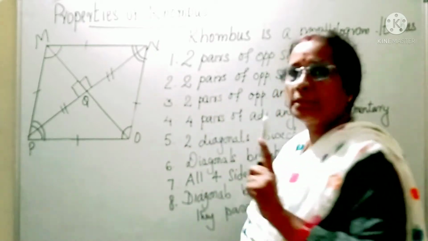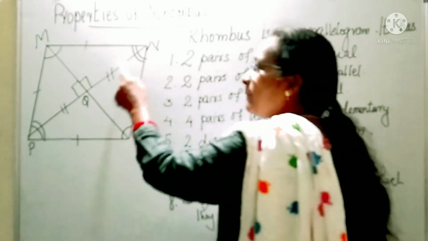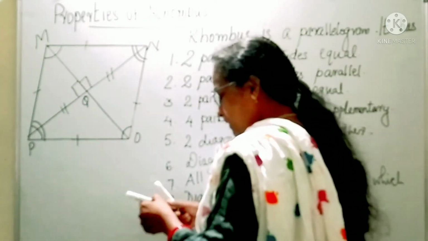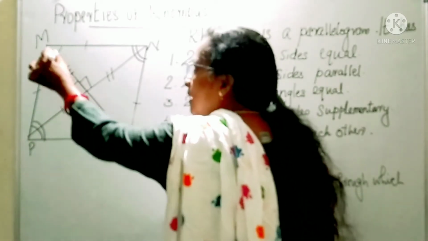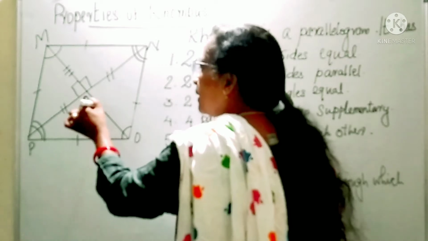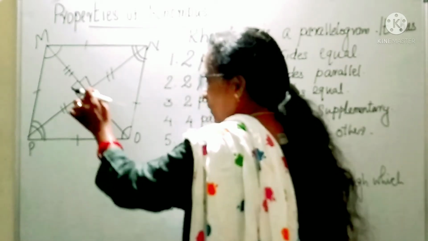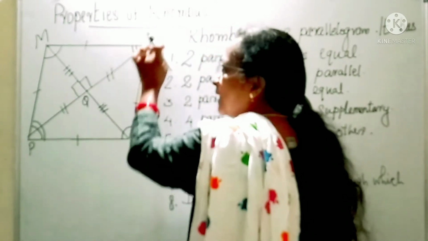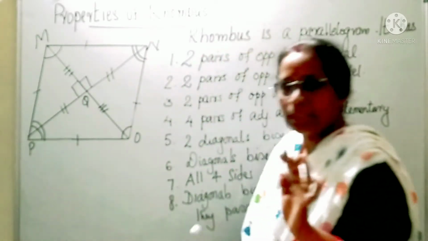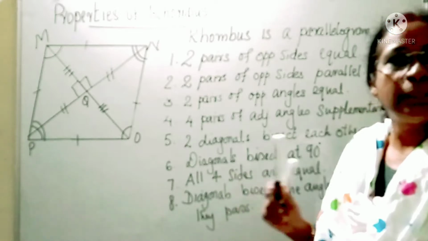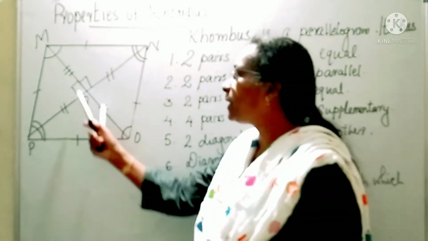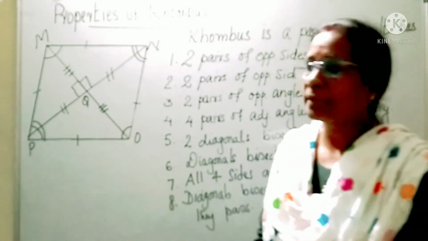But for a rhombus, the speciality is that when they bisect each other, MQ will be equal to QO and QN will be equal to QP. This is compulsory. But in a rhombus, they bisect forming a 90 degree angle at the center.